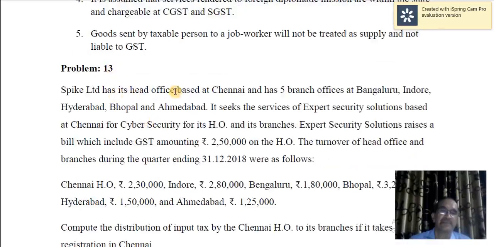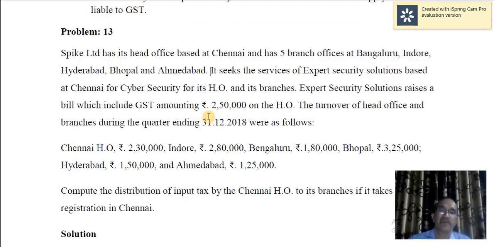Spike Limited has its head office based at Chennai, has 5 branch offices at Bangalore, Indore, Hyderabad, Bhopal and Ahmedabad. It seeks the service of expert security solutions based at Chennai for cyber security for its HO, its head office and its branches.